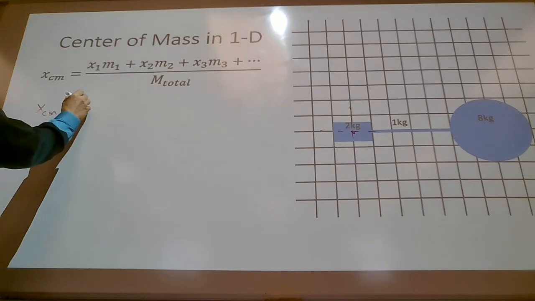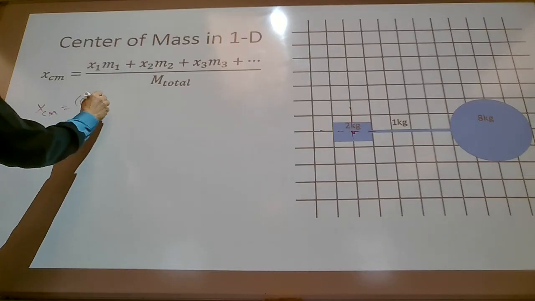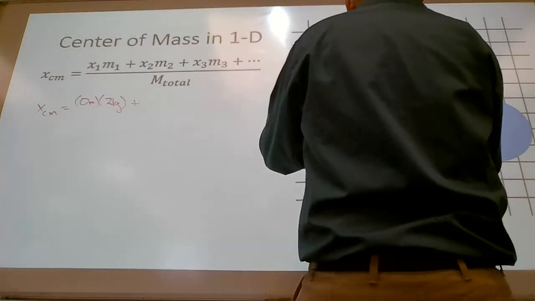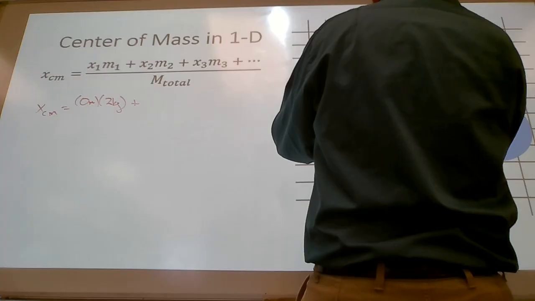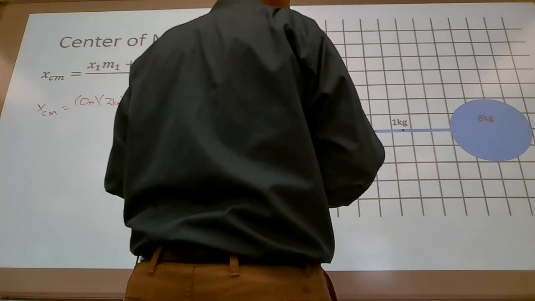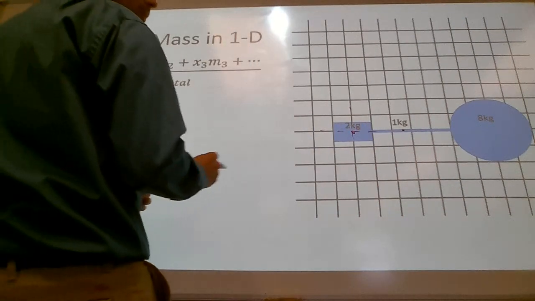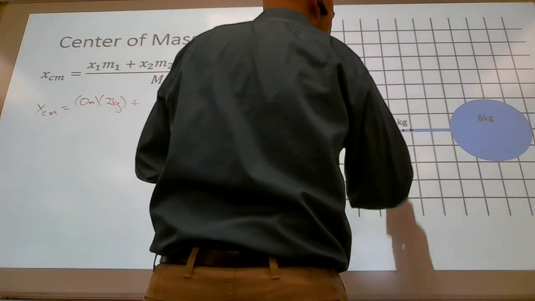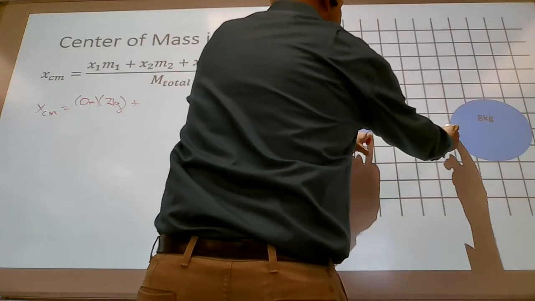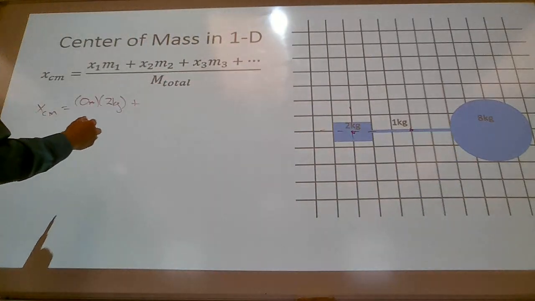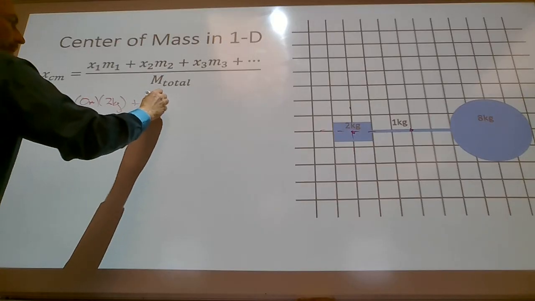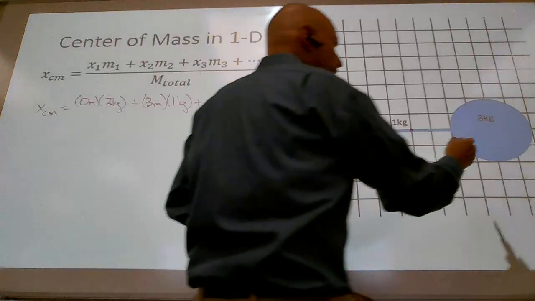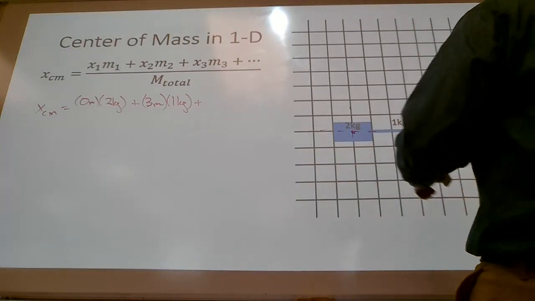So I'm going to say 0 meters times 2 kilograms, plus the center of mass of the rod, and so that's 3 meters times 1 kilogram, plus the center of mass of that one there.